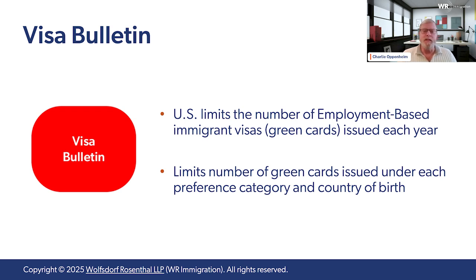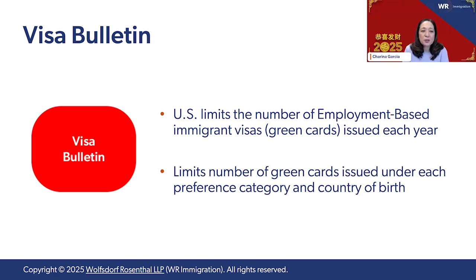There's a limit on the amount of green cards and visas which can be issued under each of the different preference categories, and that is broken down also by country of birth. Congress has established a 7% per country limit in an attempt to prevent a handful of countries from monopolizing the use of all available numbers. So they wanted to, quote, spread the wealth among all countries.